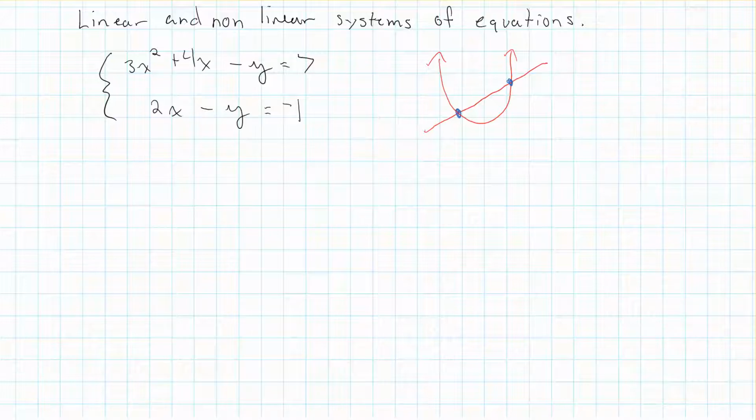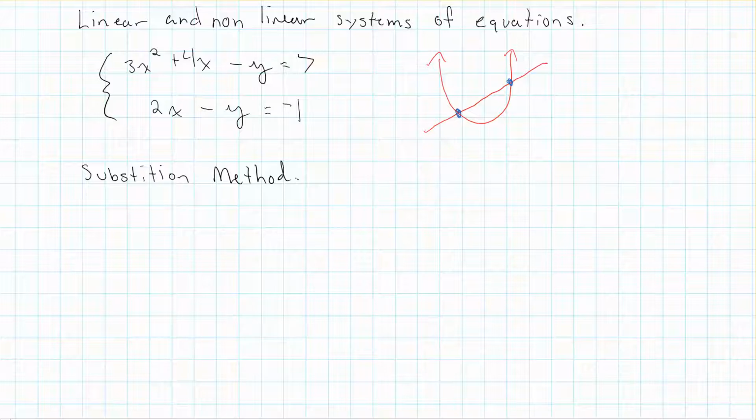So how do we do this? Well, the primary method we're going to focus on is the substitution method in this video. And the substitution method is kind of what it would imply: we're going to substitute one equation into another.